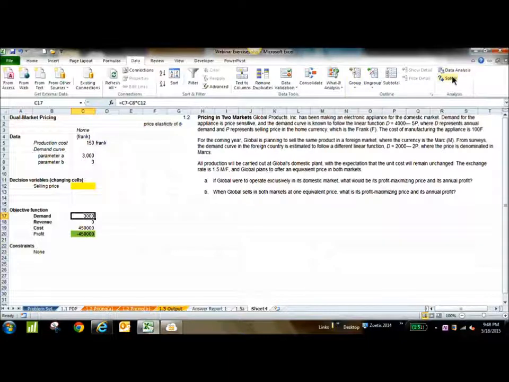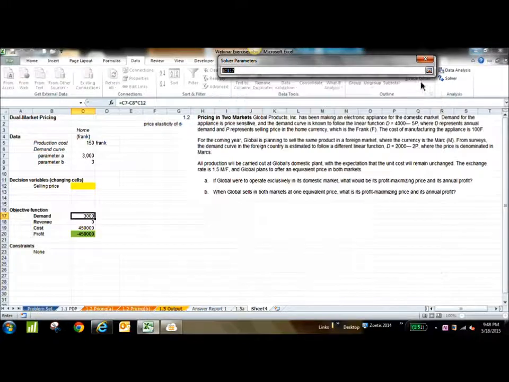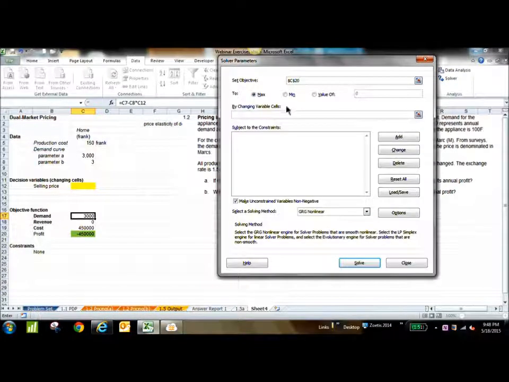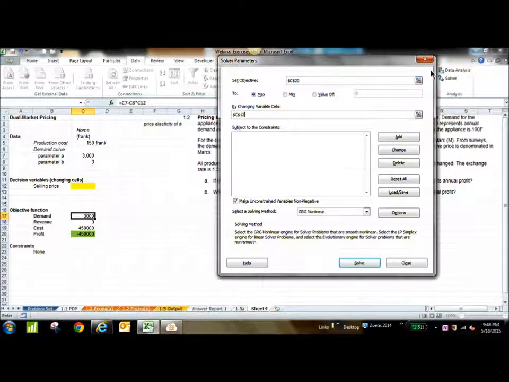Now, what am I trying to maximize? The objective is profit. And I'm going to make sure that it's set up to maximize by changing the variable cell, which is the yellow selling price. And there are no constraints. Whether you add this as a constraint or not, that's not a big deal.